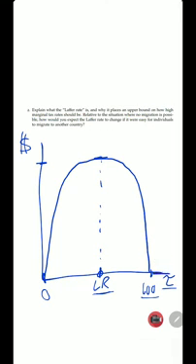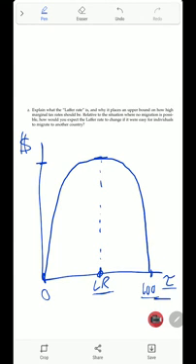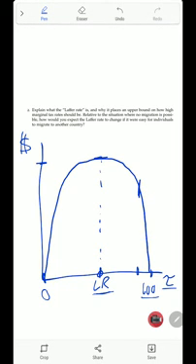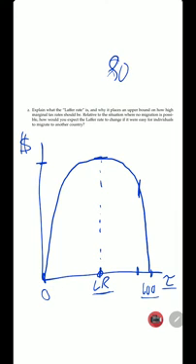Let's say the government puts it at like 80%, right? Then people are not going to like that tax rate. They're going to be like, well, I'm not going to work my butt off if the government is going to take like 80% of my income away, right?